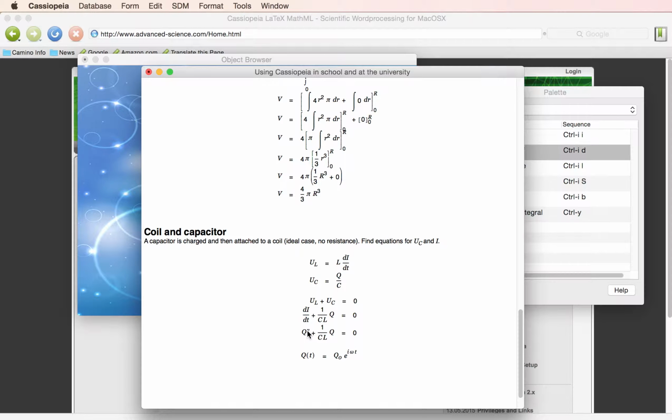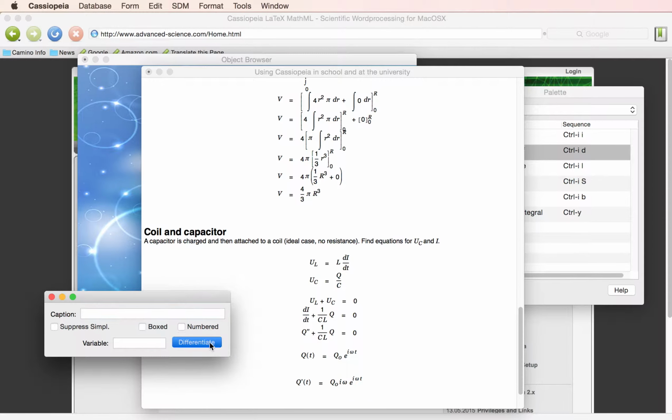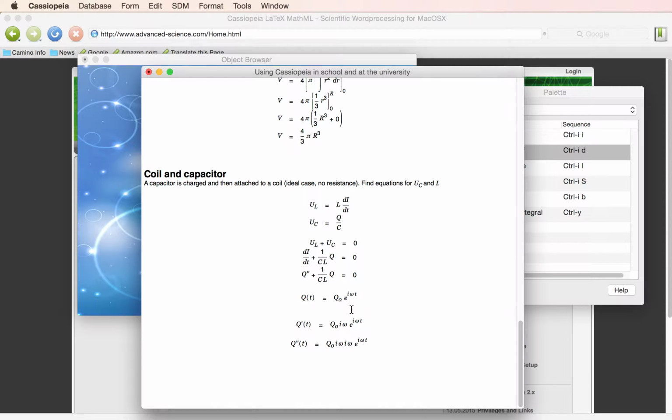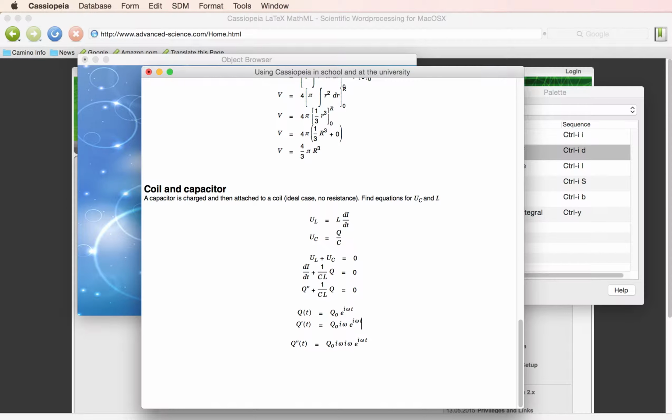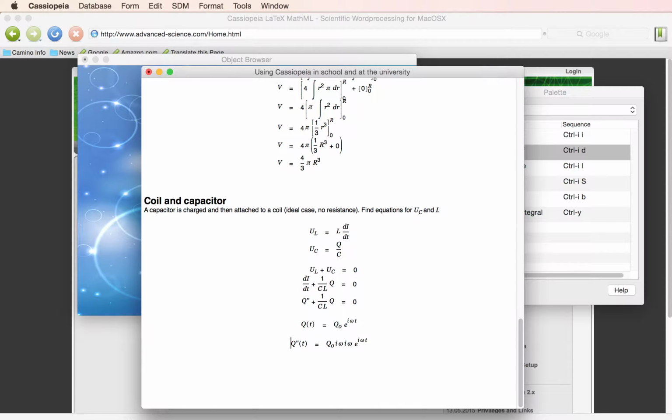We need the second derivative. Cassiopeia will do the work for us. No need for the first one. Let's get rid of it.